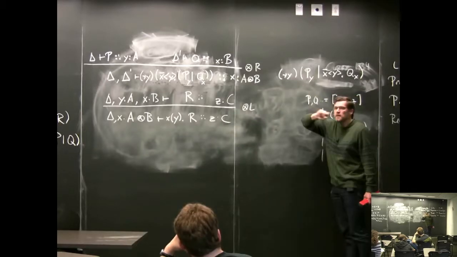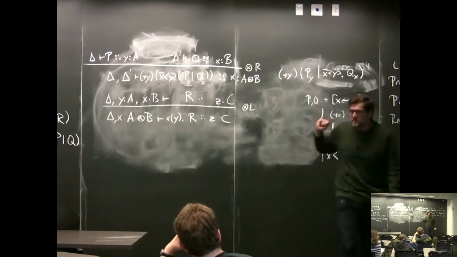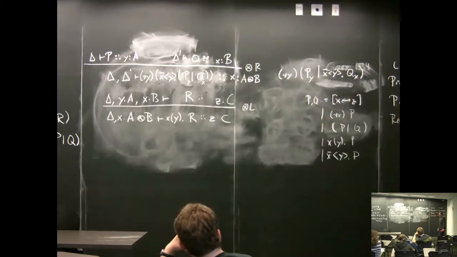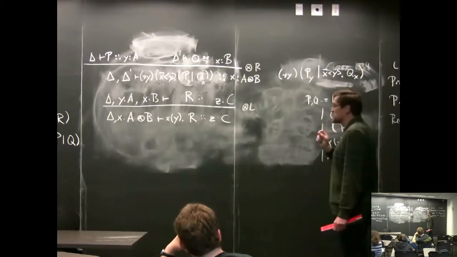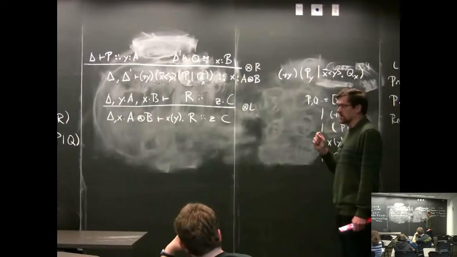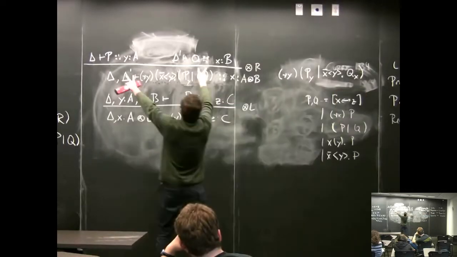Any other comments on this rule compared to this one? Okay, say that again. Well, we want the P of y and Q of x to interact, right? So they interact but not with each other, right? Yeah. Because they don't share any variable in common in this particular case.